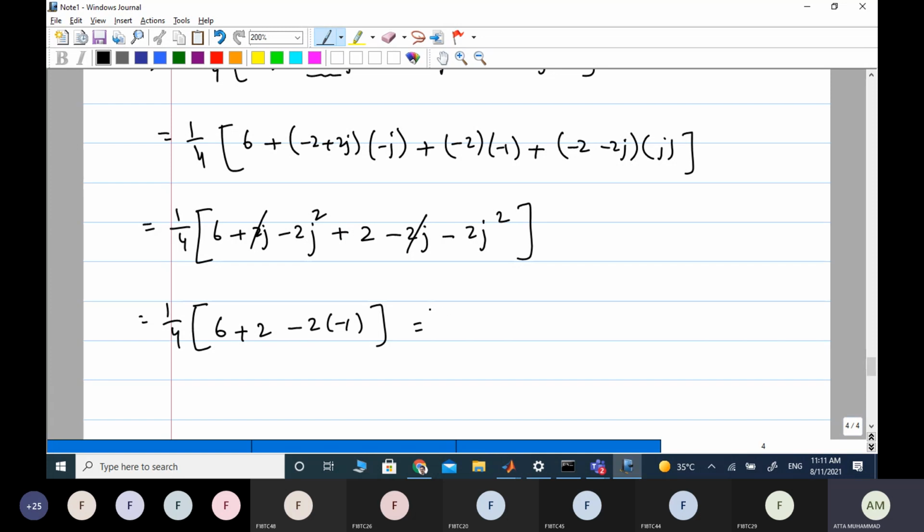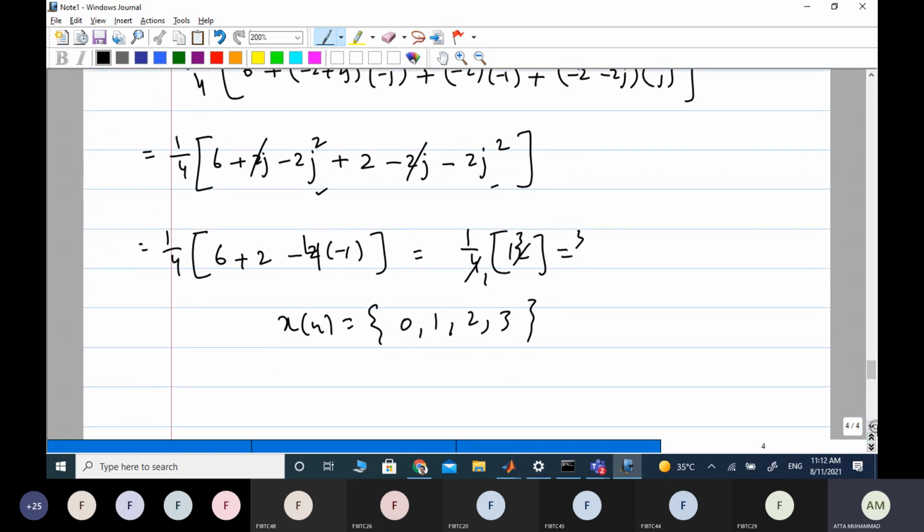So minus 2j minus 2, this is minus 4. Because if the variable is the same, then their coefficients have to be added. So I get 1 by 4. Now minus into minus plus, so 4 plus 6 is 10, 10 plus 2 is 12, and that is equal to 3. So our x of n is 0, 1, 2 and 3.